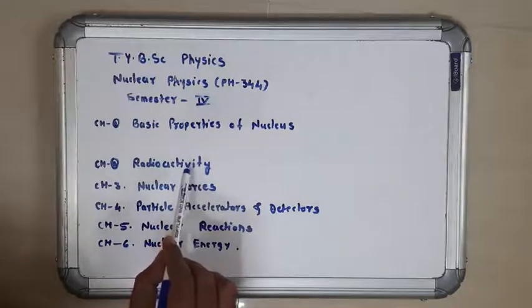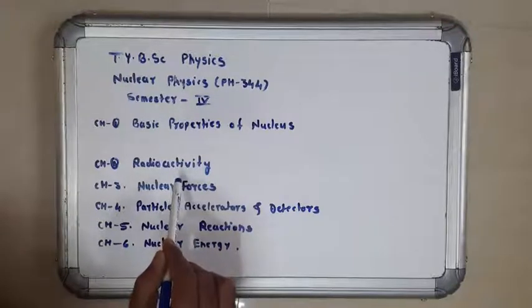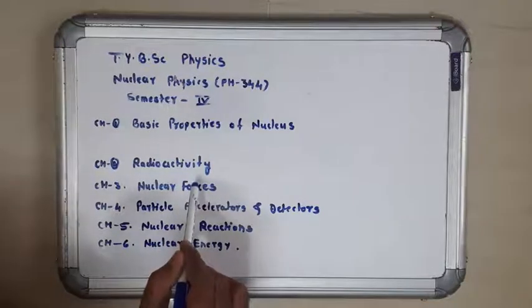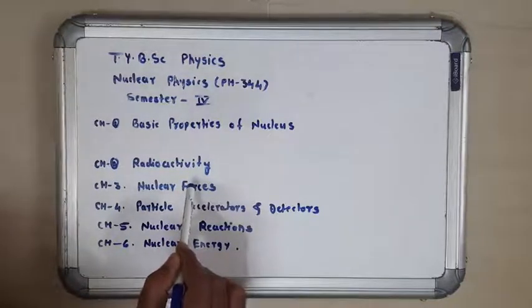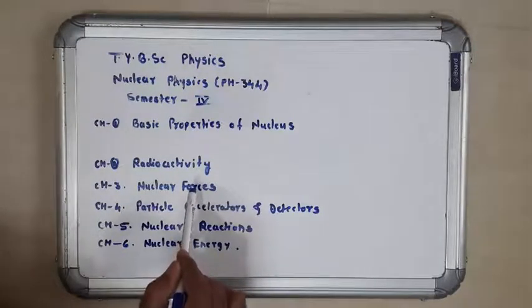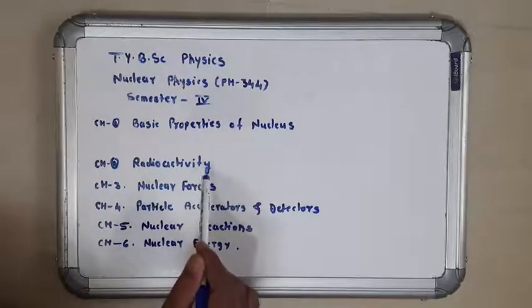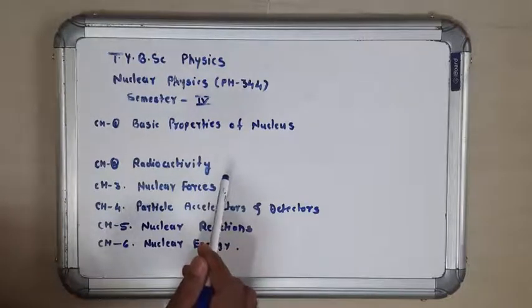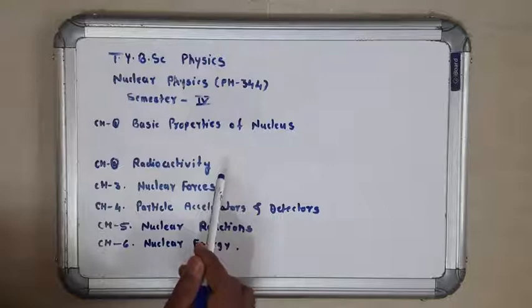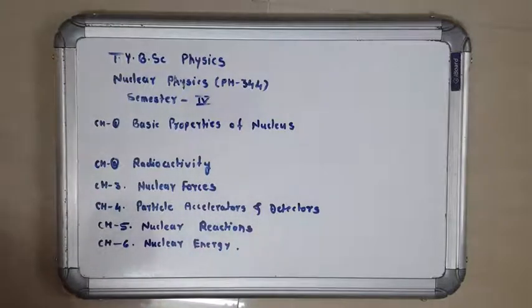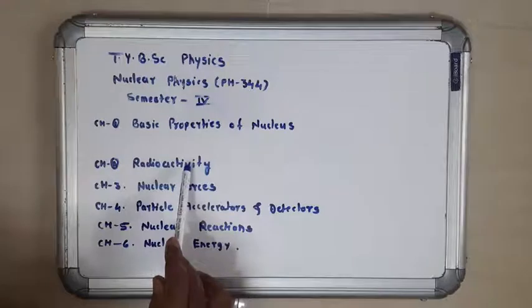In this module we will discuss several points like radioactive disintegration, that means the concept of natural and artificial radioactivity, and properties of alpha, beta and gamma rays. These are very important. In radioactivity, the radioactive material emits three rays called alpha, beta and gamma rays. Those properties we also discuss in this module.